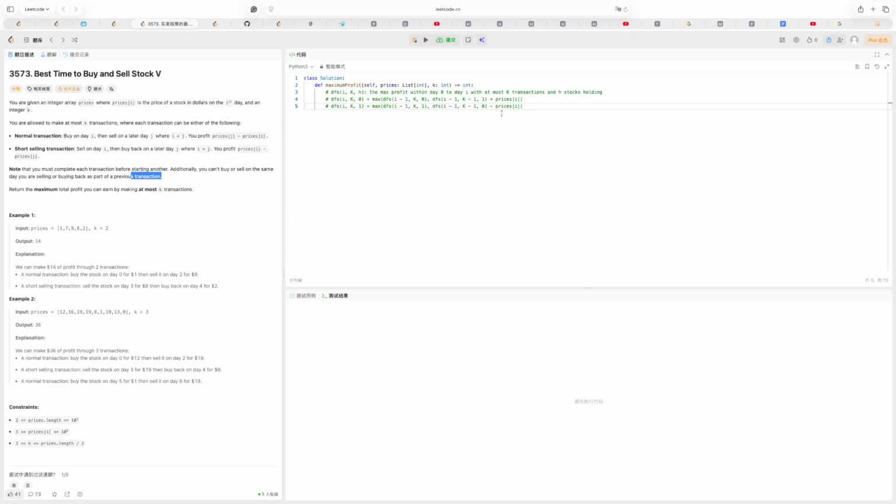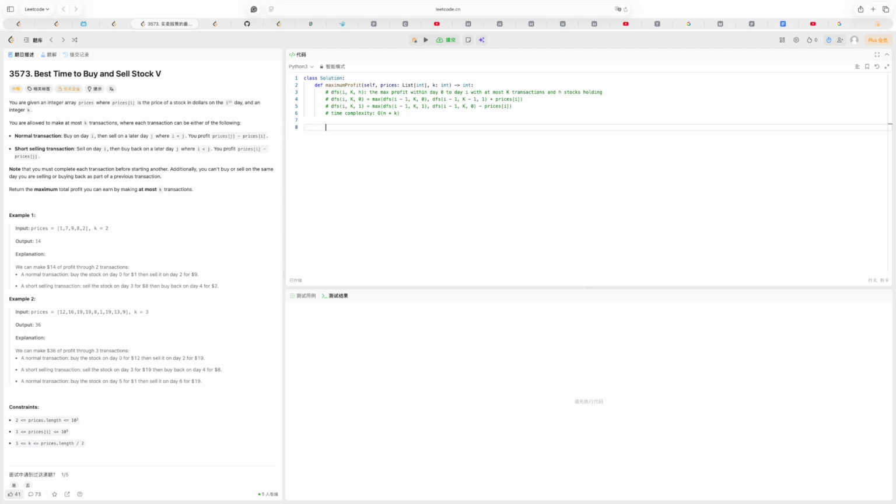When we buy, we did not finish a transaction, so we will do it like this. Only finishing selling will be counted as one transaction. Okay, and this time complexity will be O(N multiplied by K). Yeah.